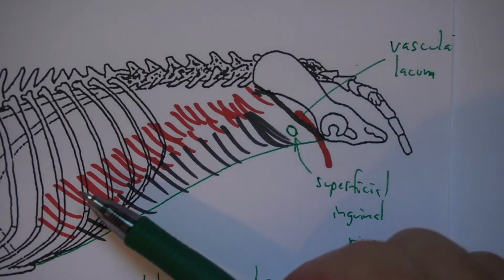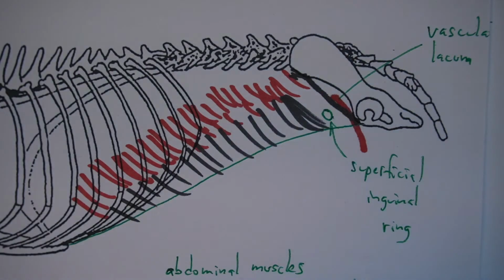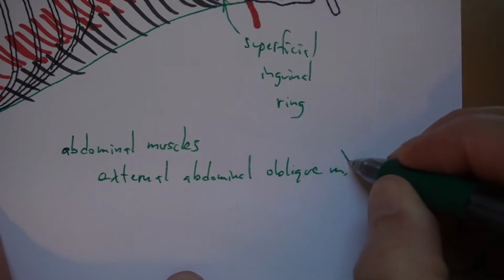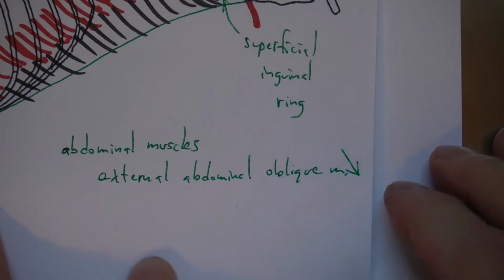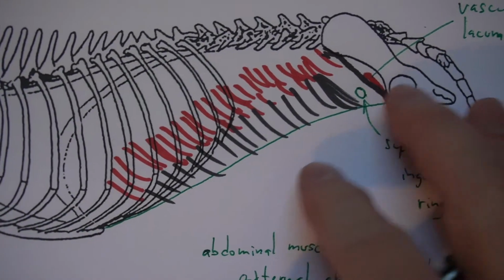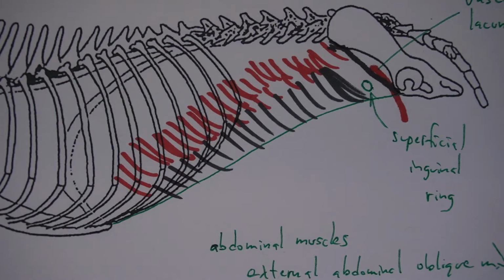So, external abdominal oblique, it's the most superficial, and its fibers are oriented caudoventrally. Now underneath this one, when you cut that and move that out of the way, I'm going to jump back over here.